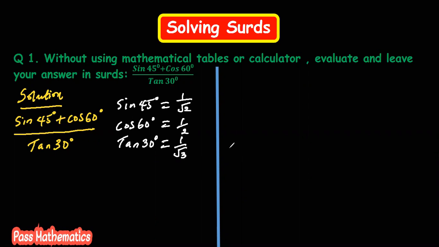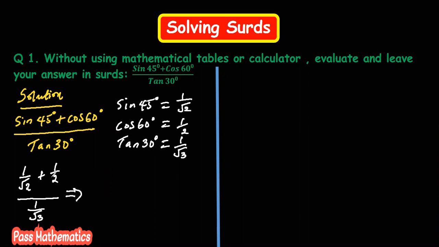Now, having done this, we are going to substitute these values. So sine 45 degrees is going to be 1 over root 2, plus cos 60 degrees, which is half, divided by 1 over root 3. Now we are going to take the LCM of these first before we add.